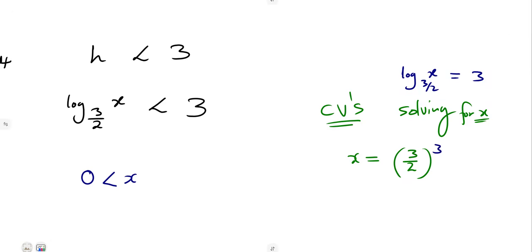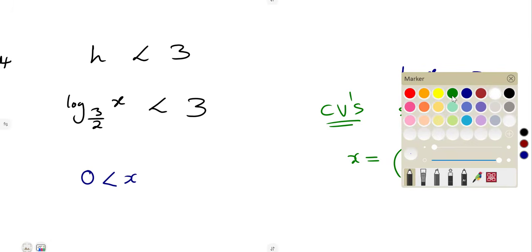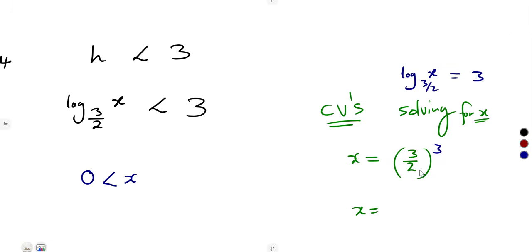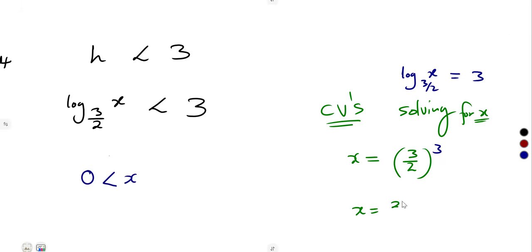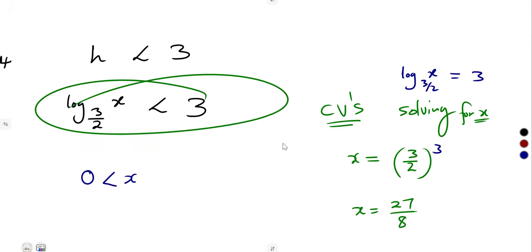So we can solve for x. From this part, our x is 3 over 2 to the exponent of 3. That's 27 over 8, isn't it? 3 over 2 to the exponent of 3 gives us 27 over 8. So 27 over 8 is another value of x besides the critical value of 0, which we see from the direct inequality.